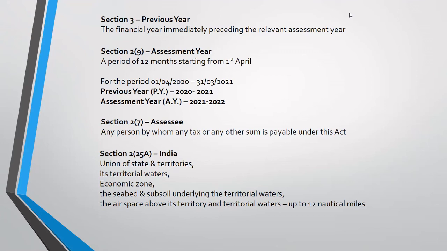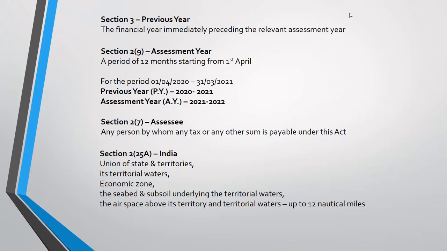Other sum would mean penalty or interest. How do penalty and interest attract? Suppose you have paid tax less than what you were supposed to pay, or you paid after the due date, then you have to pay penalty or interest. So any person by whom any tax or any other sum is payable under this Act is known as an assessee.